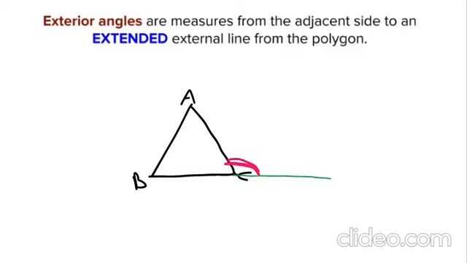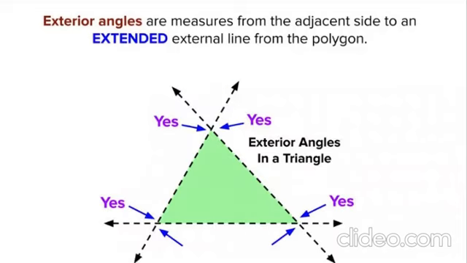Now, side B also I'm extending. Again, if you see, one more angle is found outside the triangle. Similarly, if I extend A also, here also you see we get an exterior angle. All these angles are the exterior angles of a triangle.